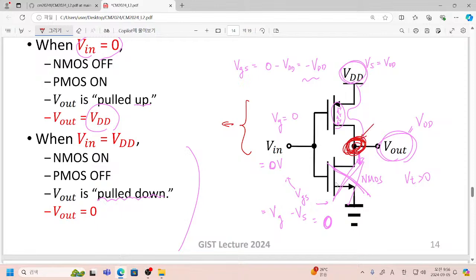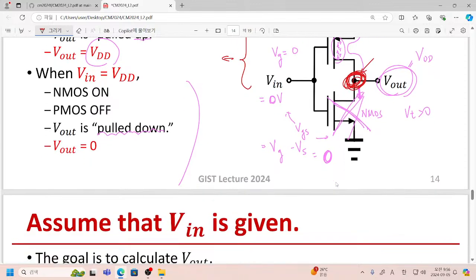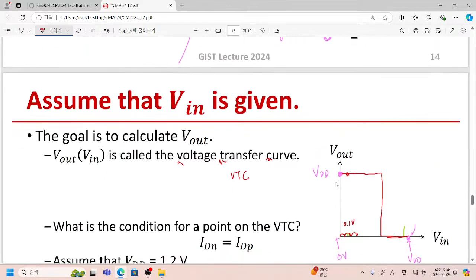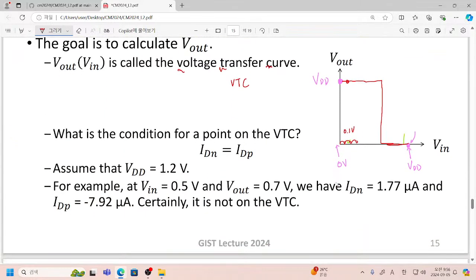Their drains are connected to the same point, and that point is regarded as the output node. So what I wanted to say is, how can we calculate the good output voltage satisfying the operation of NMOSFET and PMOSFET? That is shown here.